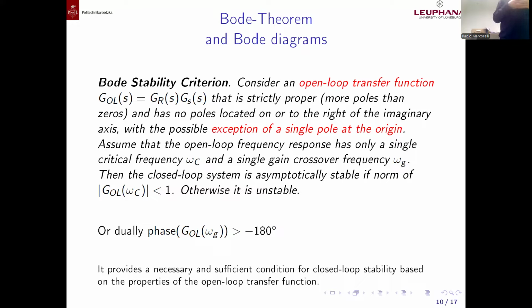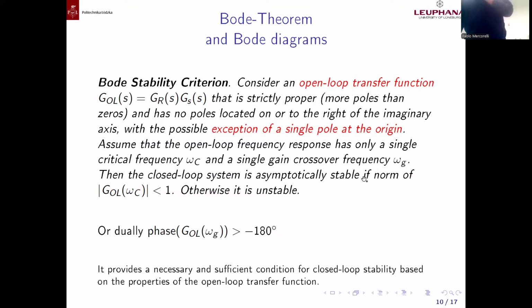Again, only a single critical frequency, I told you, and only one crossover frequency, a standard situation which covers many cases. If not, of course, I have to consider an extension with some conditions. Look, finally, the closed loop system is asymptotically stable if and only if, excuse me, it's not an if, no?